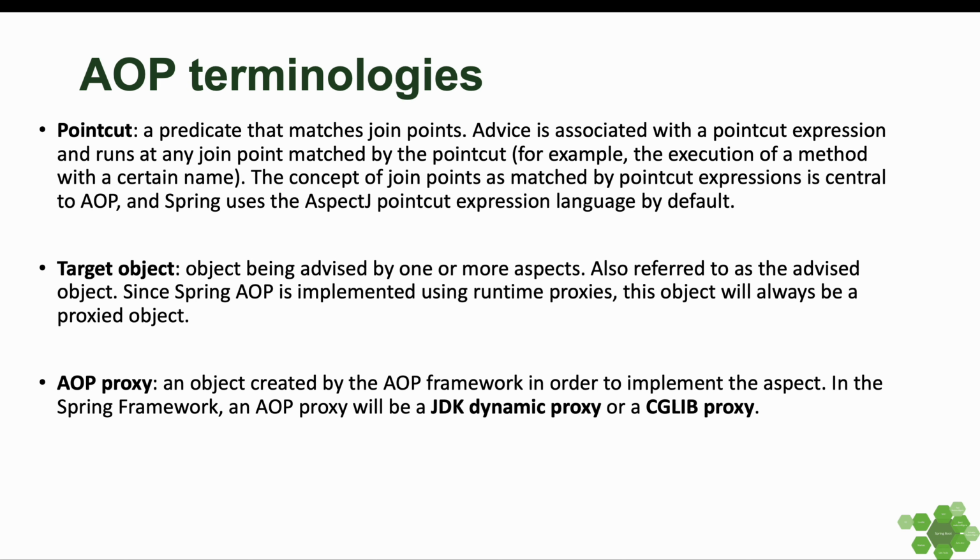As I have explained, this is not a Spring concept, it's a Java concept. Then we have the CGLIB proxy, which is created if the class where the pointcut expression resides does not implement any interface. Then the proxied object would have to extend that target class and then do some magic.